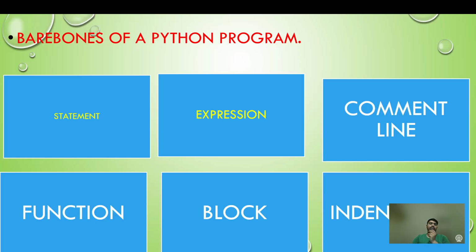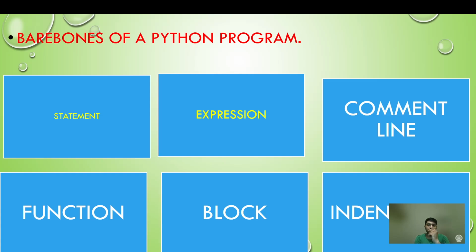Then we have conditional statements and looping statements. Whenever we talk about conditional statements, we have if else, if elif, and nested if else. Why do we use conditional statements? A conditional statement is used to put some condition on a particular statement.